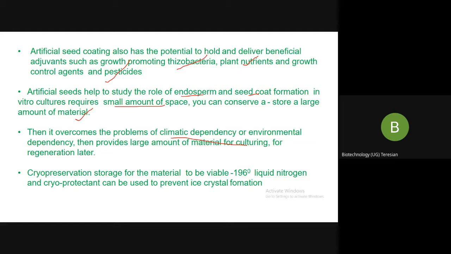You can store it in the form of a shoot or in the form of a meristem. Okay, but you have to provide them the nutrient so that they survive for a long period of time, and you have to do some subculturing and all. Otherwise, you can also cryopreserve them.